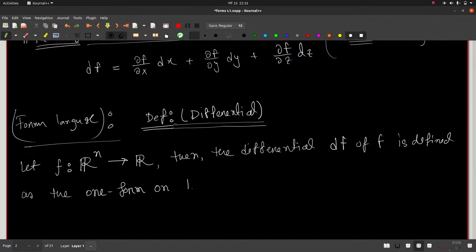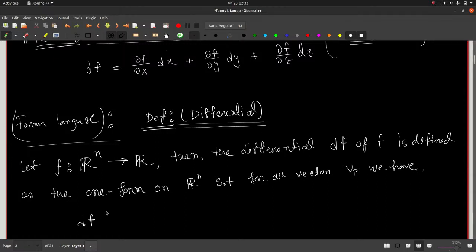on the manifold Rn such that for all vectors vp, that means we are taking some point p and this vector is on the tangent space, we have the following to be true.